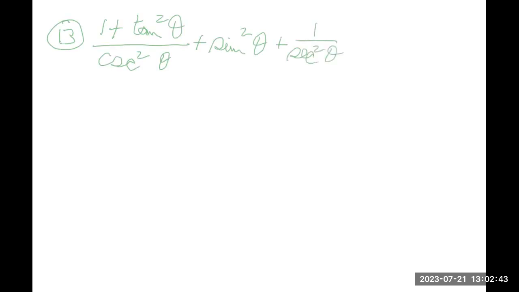So let me, again, convert everything to sine and cosine. So this becomes 1 plus tan is sine over cosine, so tan square is sine square theta over cosine square theta.